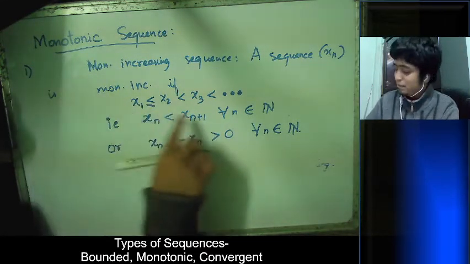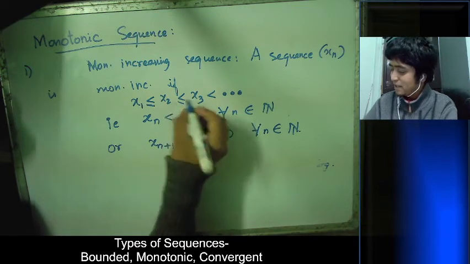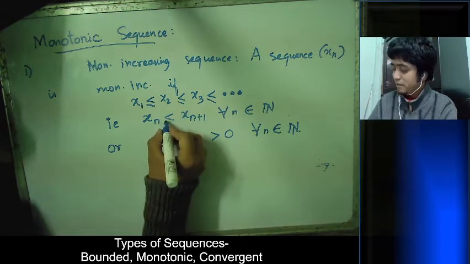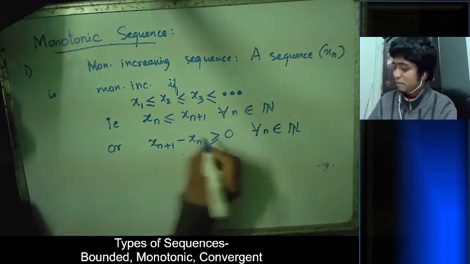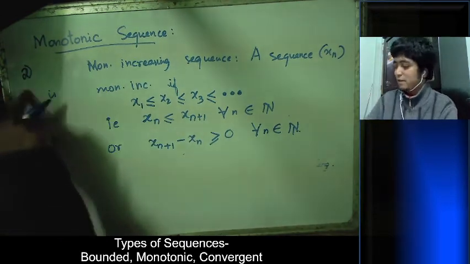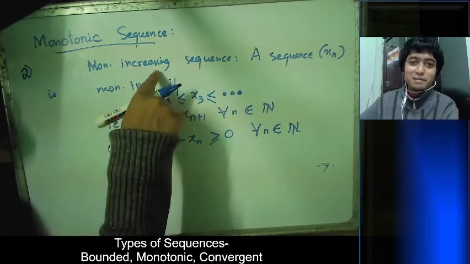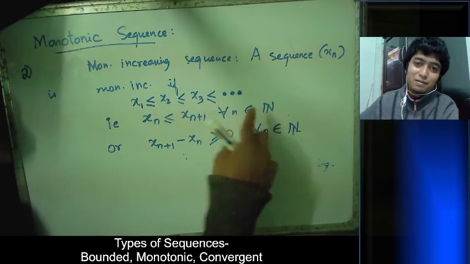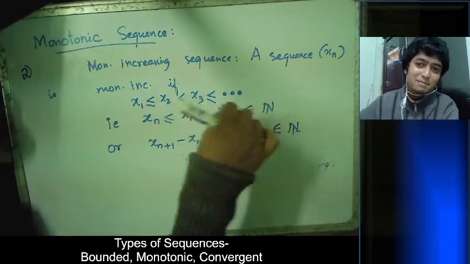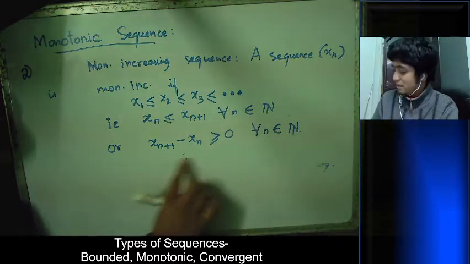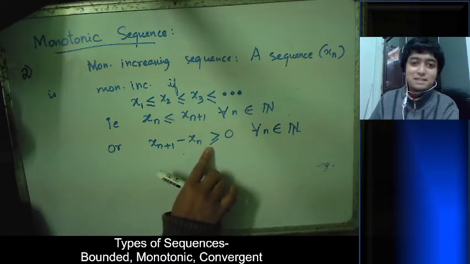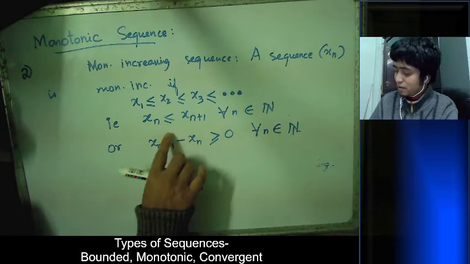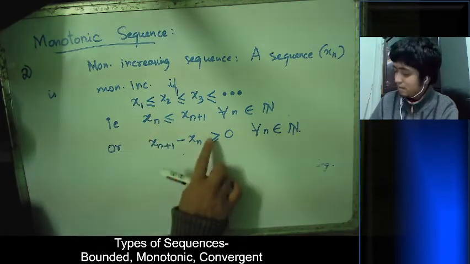If it is strictly, we only have less than, but over here it is less than or equal to. Similarly, over here we can replace. So for definition number 2 about monotonic increasing, the terms can even be equal. Some of the terms can be equal. And we will be having this: greater or equal, less than or equal to, greater or equal to.